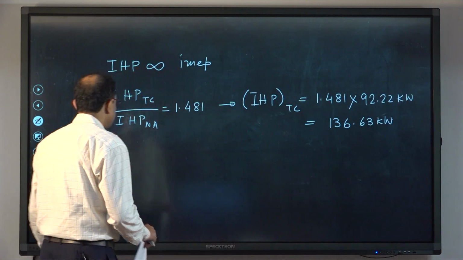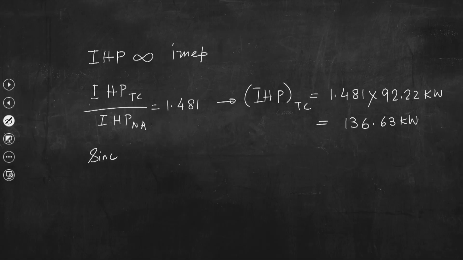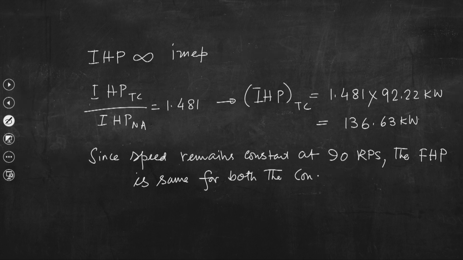So, since speed remains constant at 90 RPS, the frictional horsepower is the same for both the conditions.